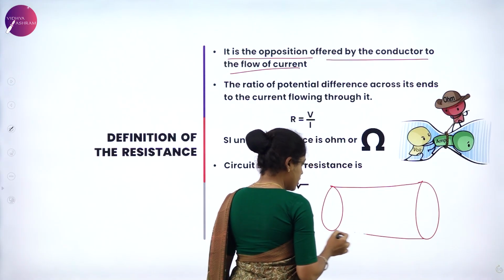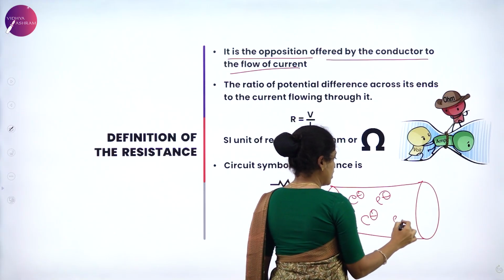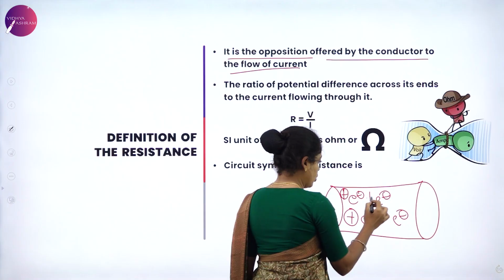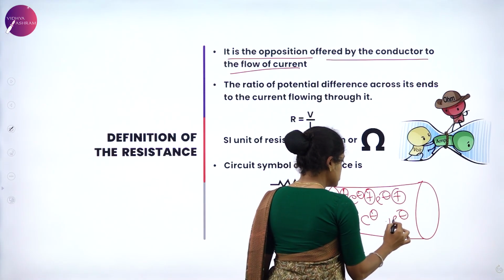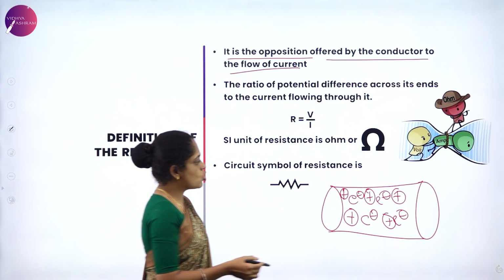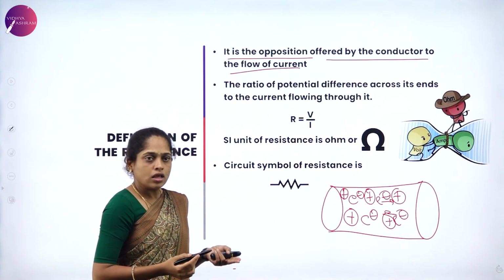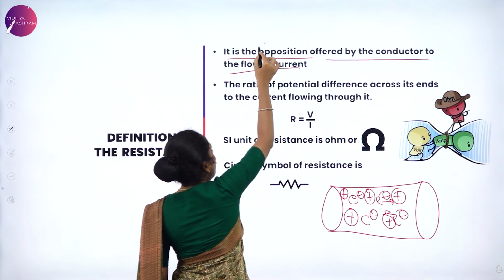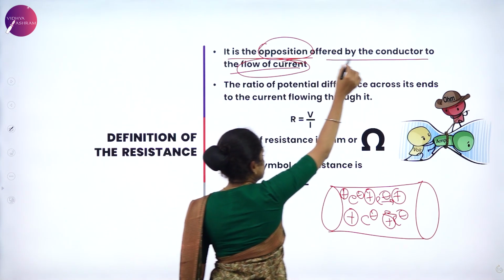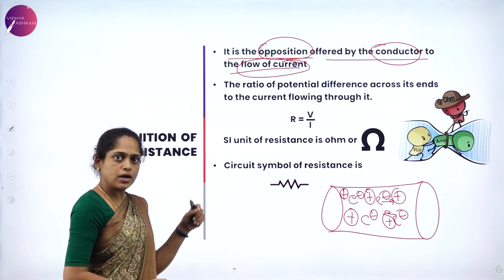You know that a conductor consists of free electrons, and along with these free electrons, inside the conductor, there are positive ions. When these free electrons are in random motion, they collide with these positive ions. This collision itself is the opposition for the current in the conductor. So, this opposition is nothing but resistance.